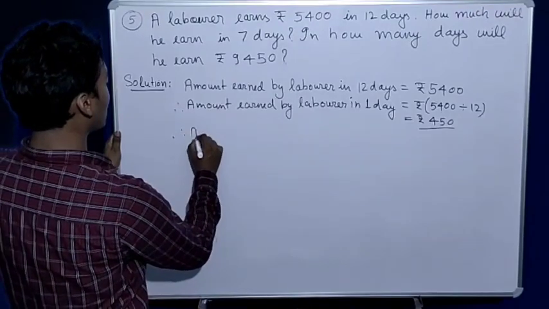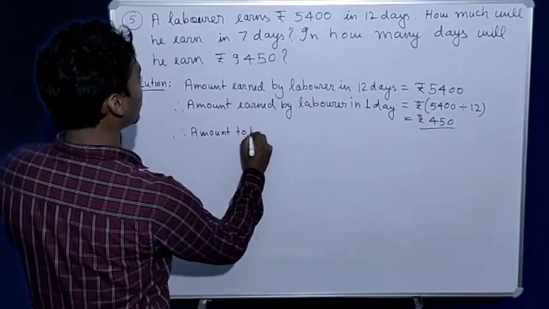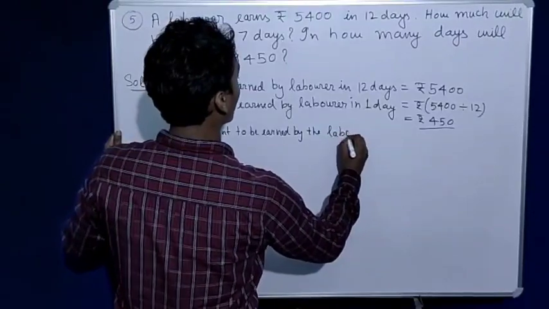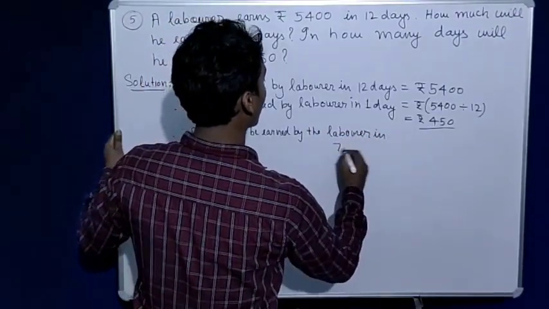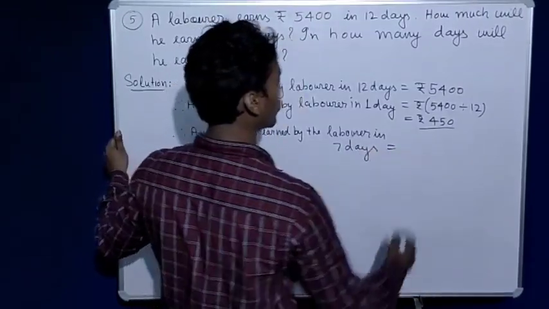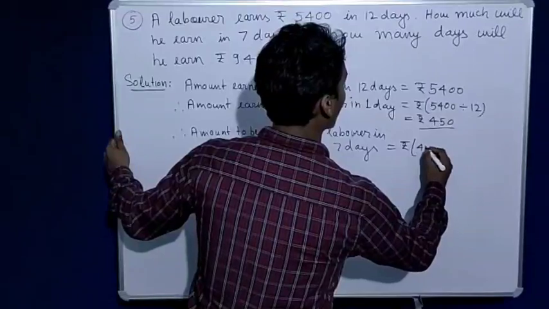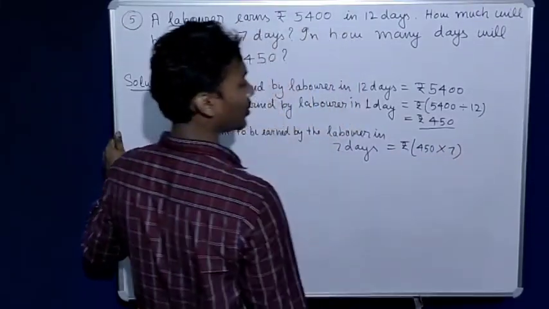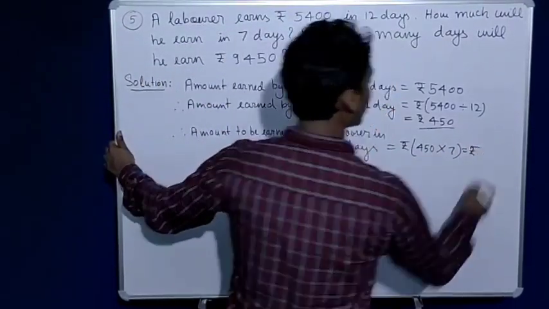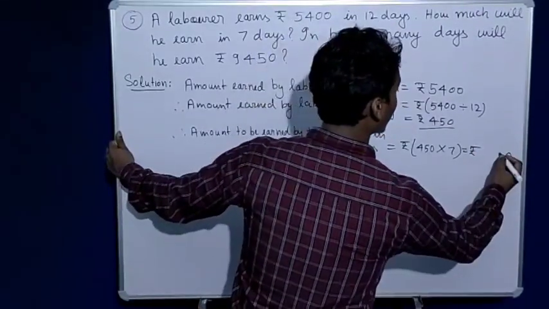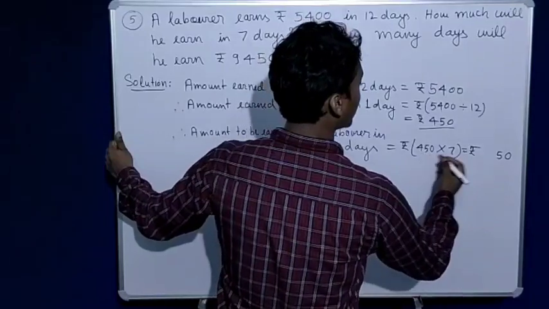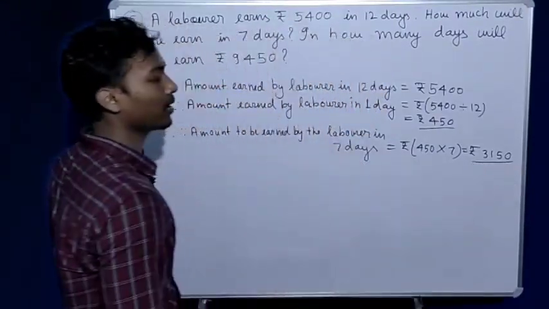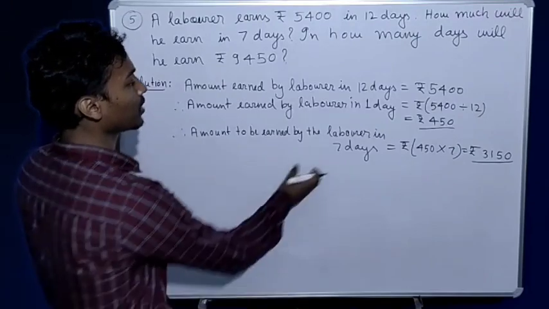So therefore, the amount to be earned by the laborer in 7 days is equal to rupees 450, that is 1 day's earning, multiplied by the number of days, that is 7, which will give you rupees 3,150. 7 5s are 35, 7 4s are 28 plus 3 is 31, rupees 3,150 will be his earning in 7 days.